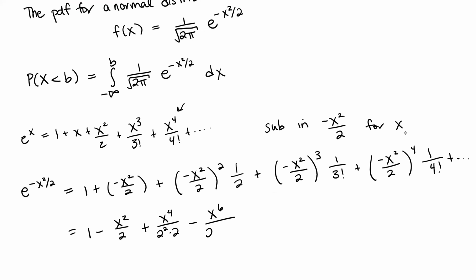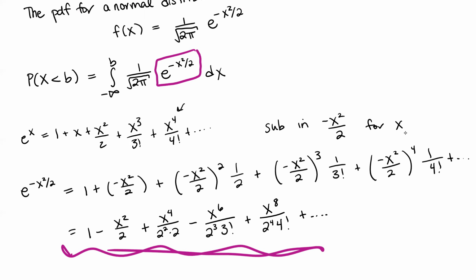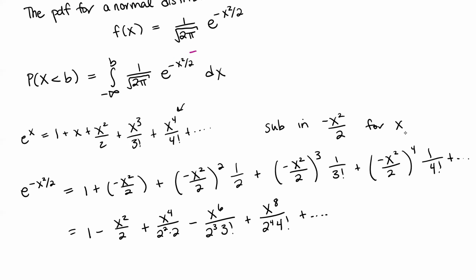And then we're dividing by 2 cubed times 3 factorial. Next term, we've got x to the 8 over 2 to the 4 times 4 factorial, and so on. Okay, so now we have this part of our integrand expressed as a Taylor series right there. We want to have this entire integrand, no problem. We can just multiply what we've got here by 1 over the square root of 2 pi.